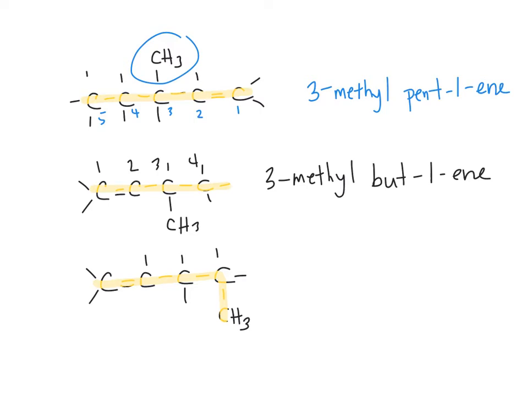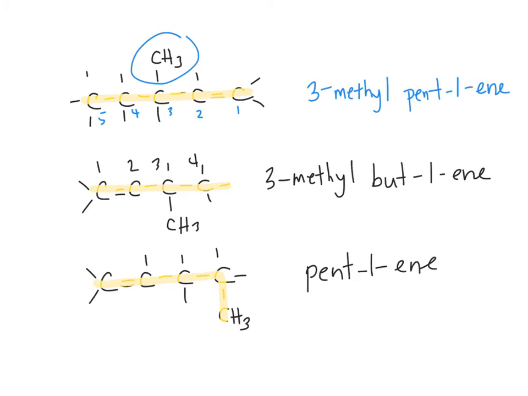So be careful when structures are drawn with a side group on what looks like an end carbon. It's not a side group, it is just part of the longest continuous chain. So this would be pent-1-ene. So you will never have a methyl group on a carbon number 1 or on the last carbon in the longest carbon chain.